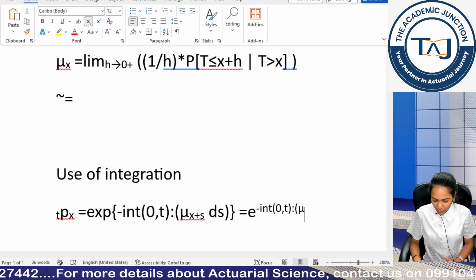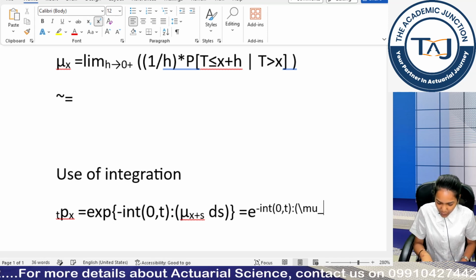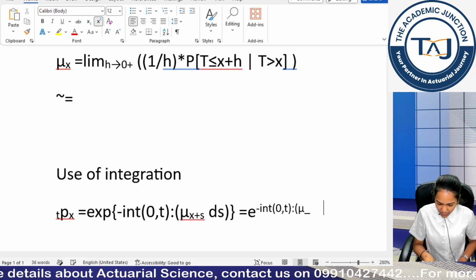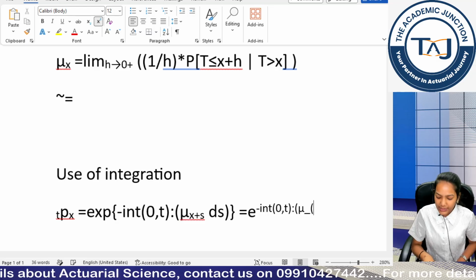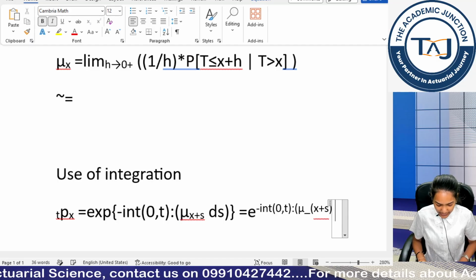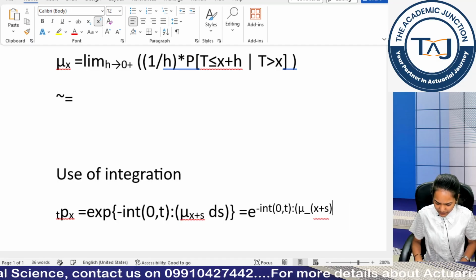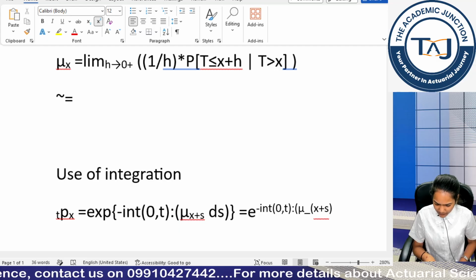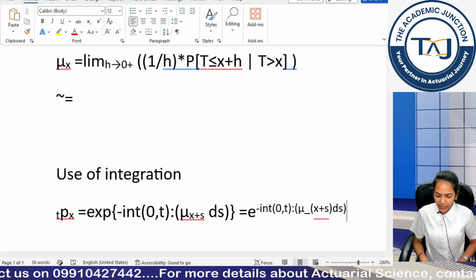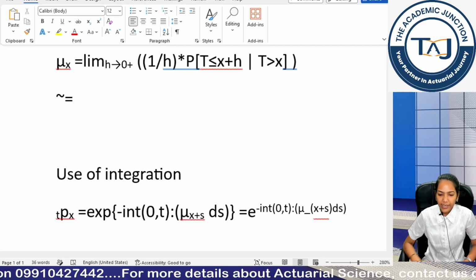That I don't want. So I will simply write mu, and I simply use this underscore sign. I have this underscore x plus s, and then I have ds. Okay, guys, Control Shift Plus to come back to the normal script. I hope this is clear.